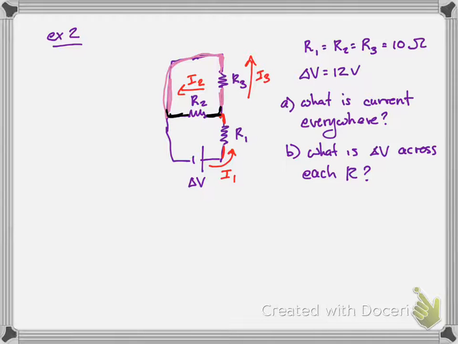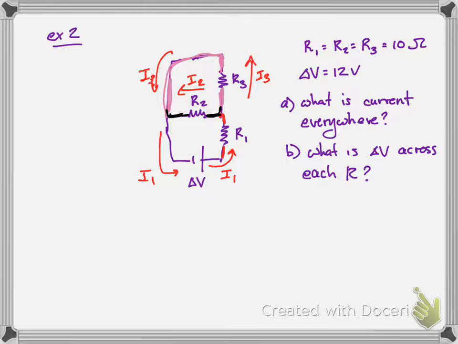And then when it gets back to the junction on the left, I3 is still coming around the top, I2 is coming to the left, and they combine, and this better be I1 because the battery does not use up current. The current has got to be the same everywhere along a wire, even when it goes through something. The current only changes at a junction.